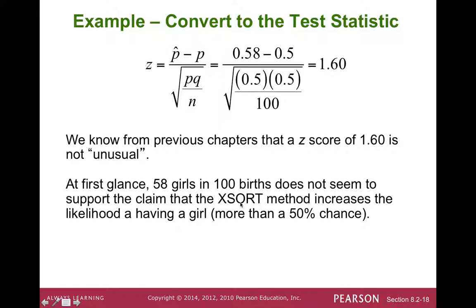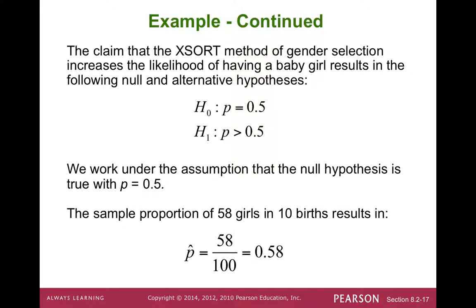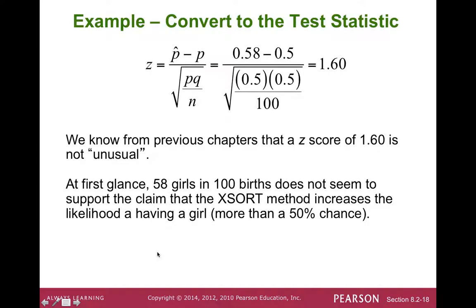So we took this example through defining our null and our alternative, calculating our sample proportion, and finding our test statistic and determining whether that test statistic was usual or unusual based on what we know about z-scores.